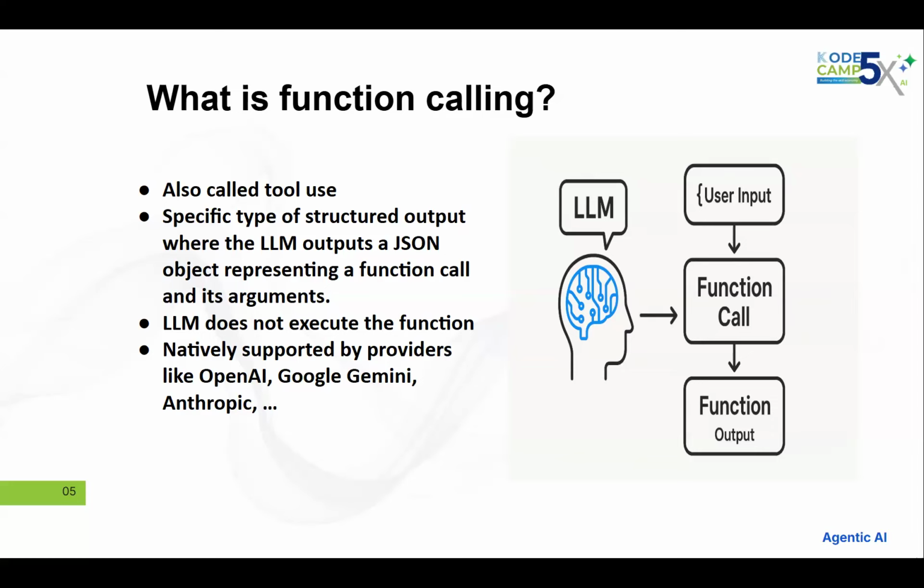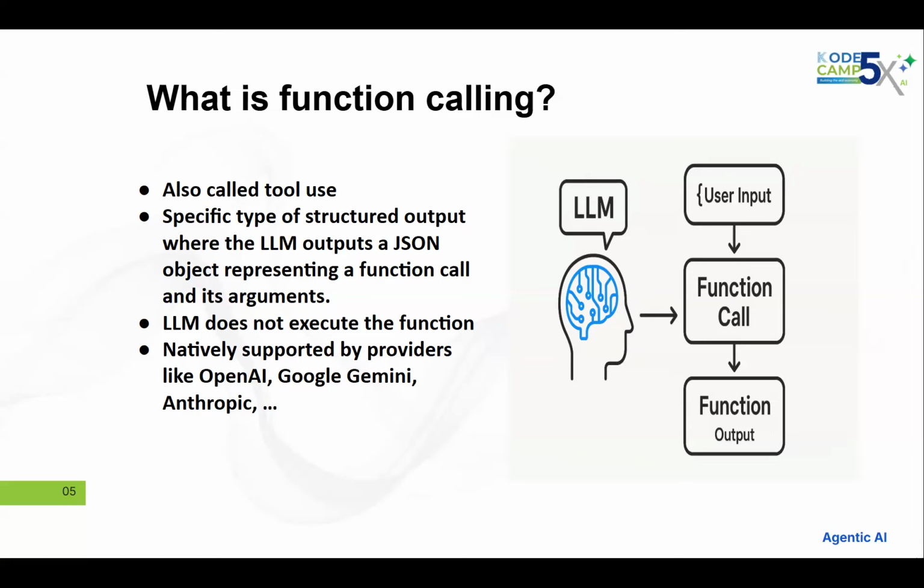And so when it determines that function A should be called with these parameters and these values for these parameters, it outputs that JSON object. And then the specific mechanism in the environment will pull that JSON object and execute the function with the specified parameters in the LLM's tool call output.